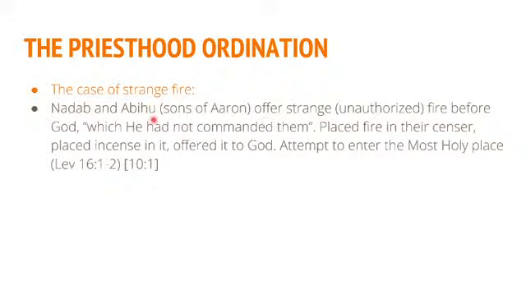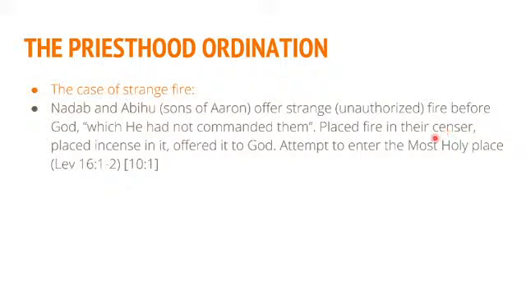But when it says that Nadab and Abihu offered strange fire before God, and the text says, which he had not commanded them, what they did is they put fire in their censer, which again is a device that they would put incense in and burn. These censers would be connected to chains, and they would be swinging the censer as a way of offering the incense smoke to God.